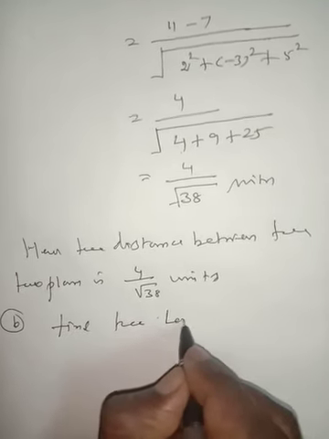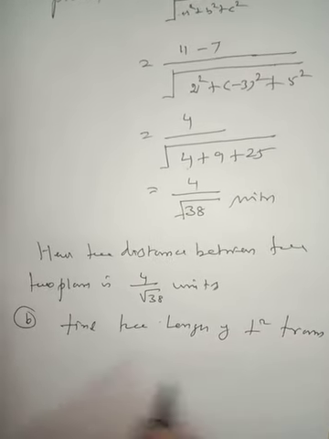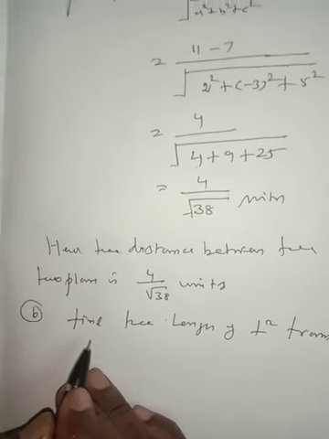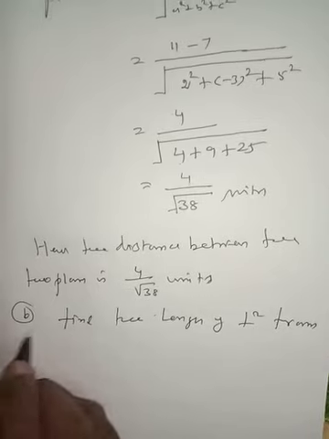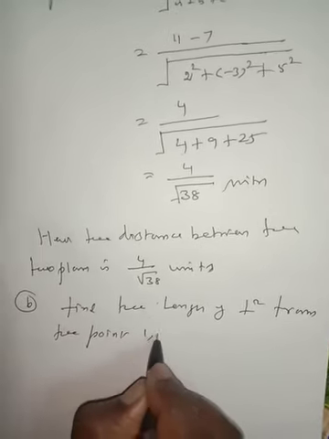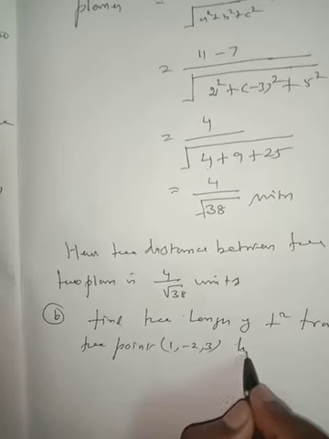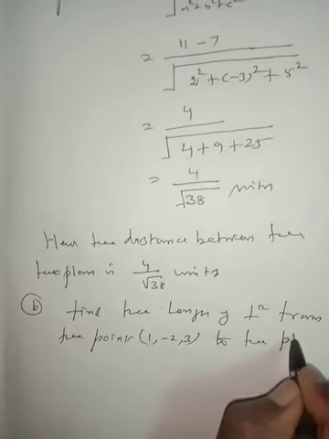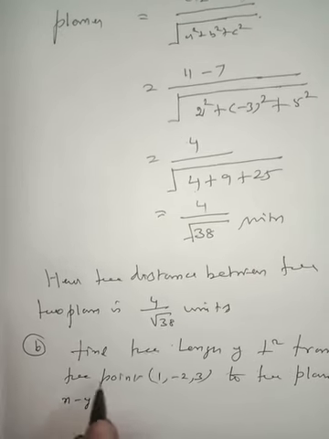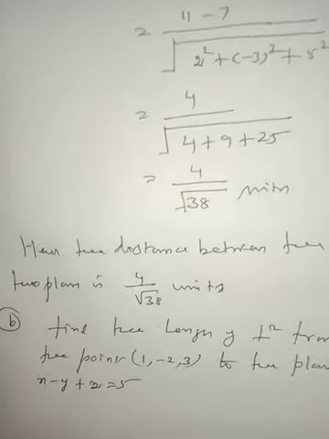Find the length of perpendicular from x1, y1. In this case, the length of perpendicular from the point (1, -2, 3) to the plane x minus y plus z is equal to 5.